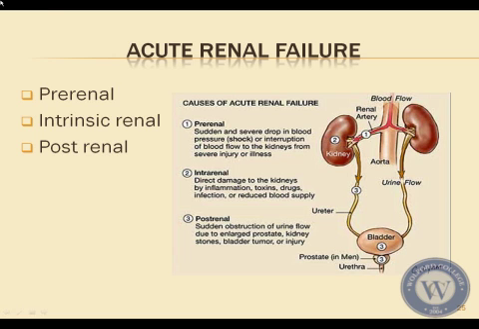Intrinsic renal disease is actual direct damage to the kidneys by inflammation, toxins, drugs, infection, or reduced blood supply causing ischemic damage, or even other forms of nephron damage. Post-renal causes are patients that have obstruction to urine flow, where back pressure develops, causing an inability to filter, and the kidney begins to fail as a consequence.